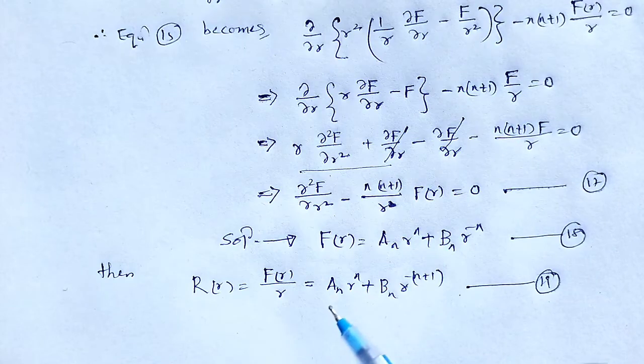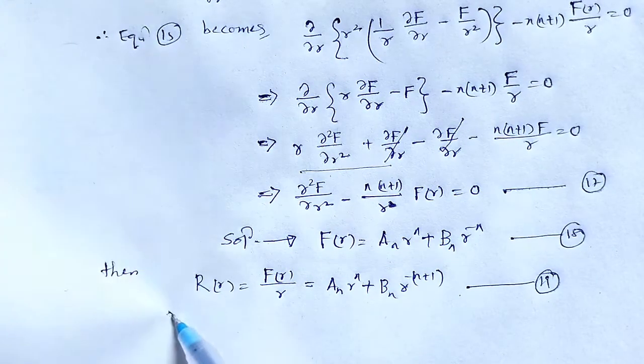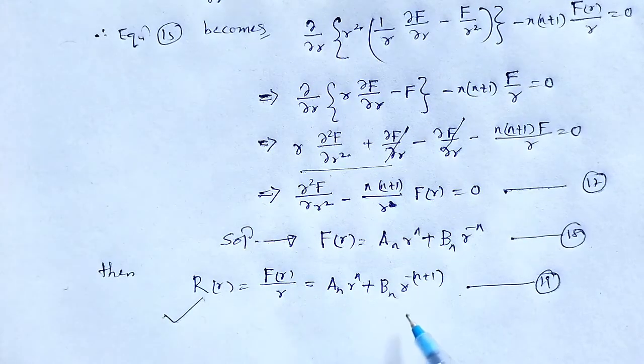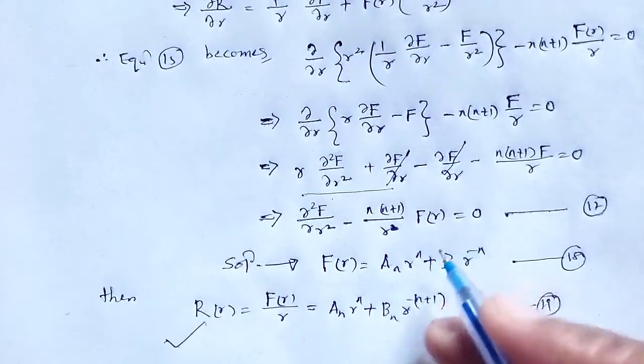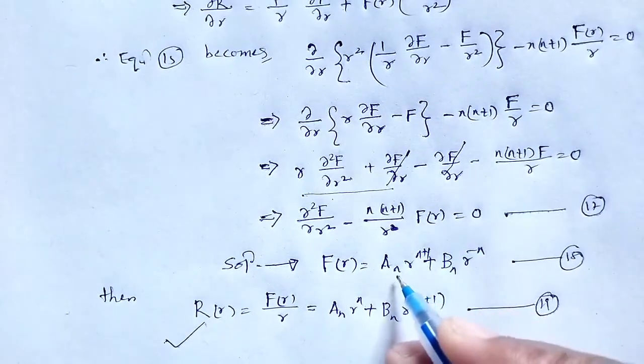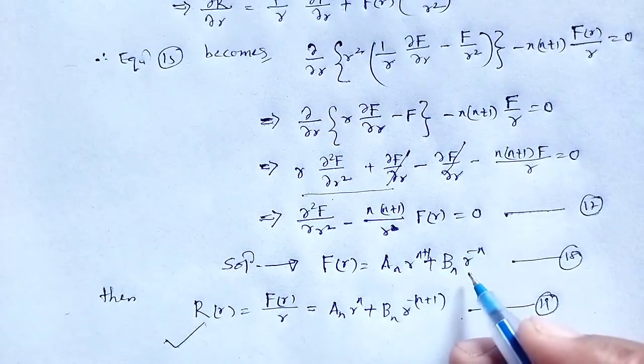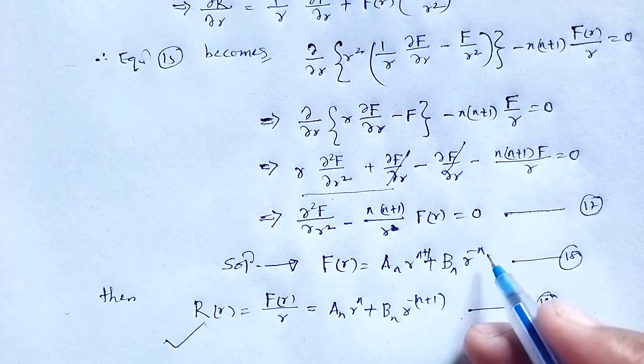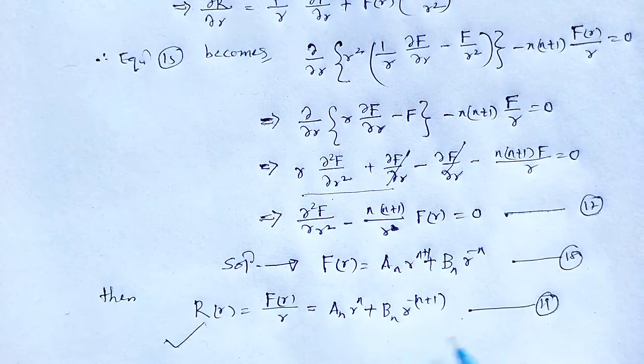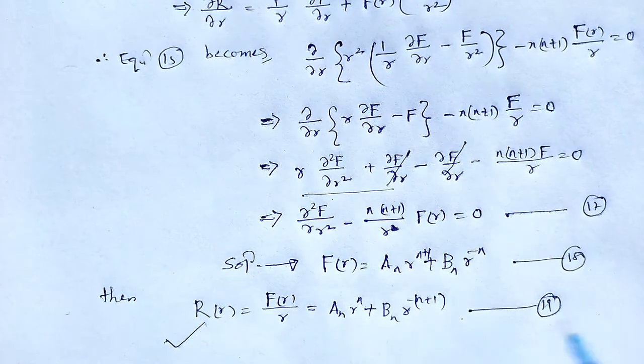Hence, this is the R of r. This one is a n r to the power n, that one is b n r to the power minus n plus 1. Therefore, f by r is equal to that much.